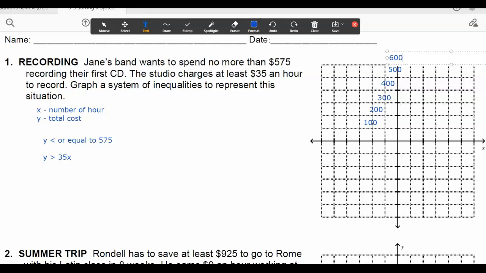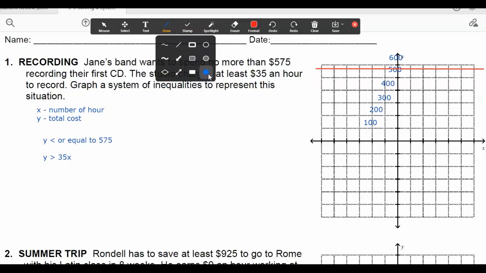There's my 600. So we have a max or a cap at 575. So that would be like this line here. And it's going to be horizontal. And then we would shade below.